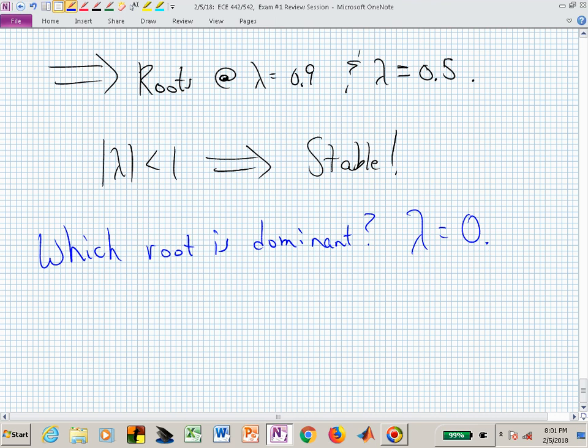How do you determine which root dominates? You could sketch them in the z-plane, and which one is the dominant root? The one that's closest to the unit circle. And they're real, right? So now you're just looking at which one of those two on the real line is closer to 1. That's the one that dominates, isn't it?